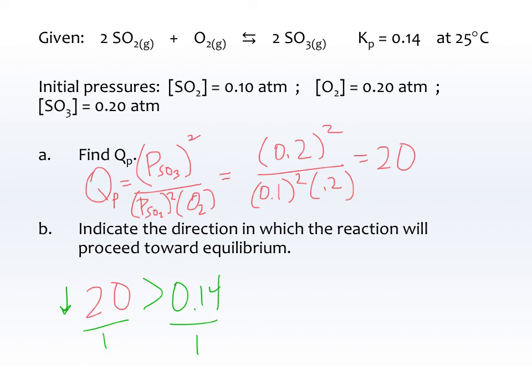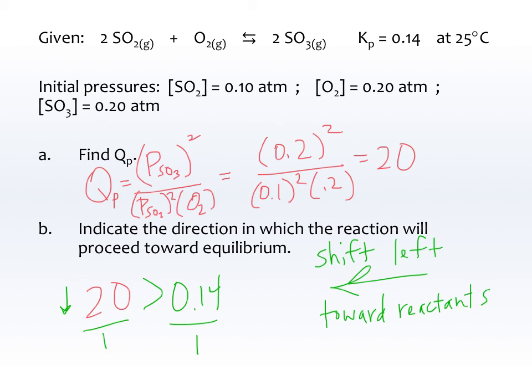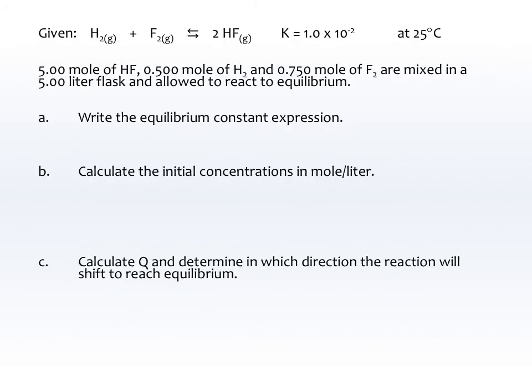And the only way to lower the products is to get the reaction to shift away from the products. Shift left towards reactants. And that way Q can get to be equal to K. All right, we've got one more, and this one I want you to try to work on your own. Pause it here. I think you can do this.